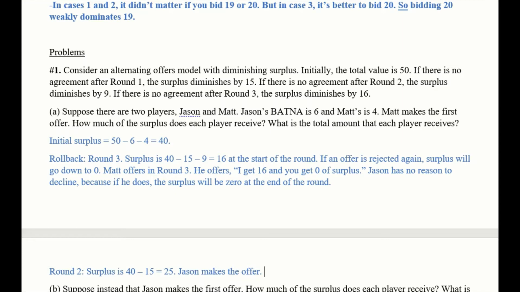It says Matt makes the first offer over here. That means Jason makes the second offer. We established that I can secure 16 for myself by saying no and by making the offer in round 3.